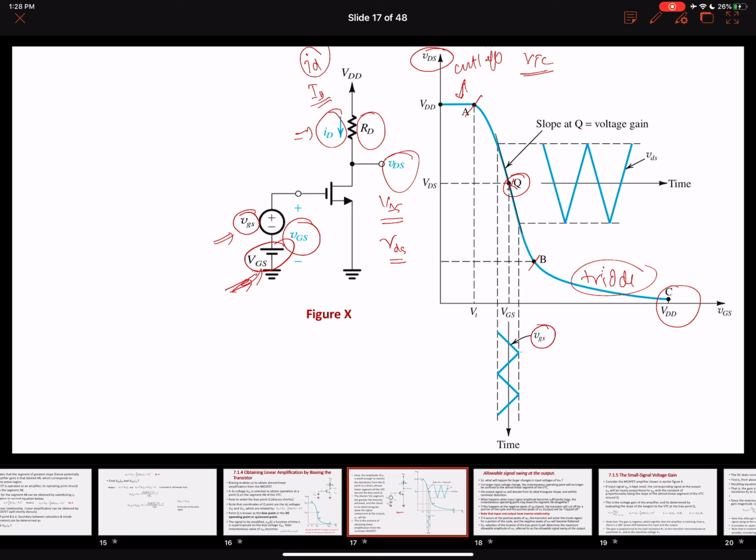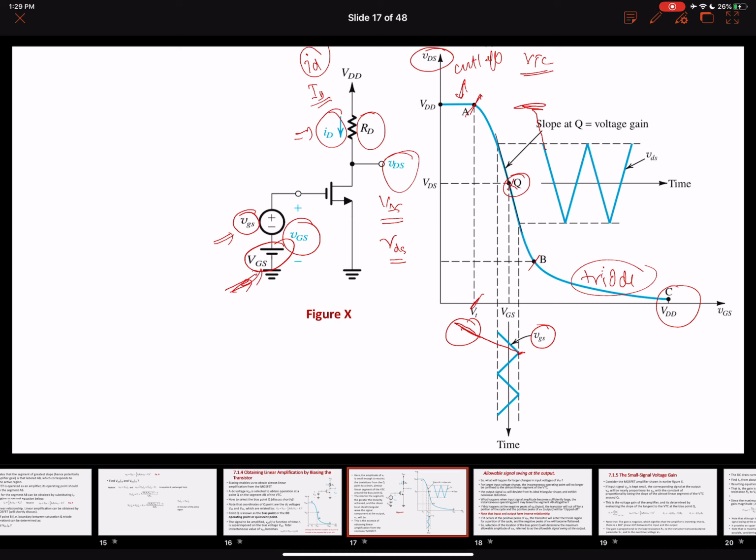If the negative swing of the input falls below the threshold voltage, the transistor will cut off, and the positive peaks of the output will be clipped. The positive output voltages will be clipped if the negative values of the input gate-to-source voltage become less than the threshold value, because it's an enhancement-mode NMOS, and the transistor will be cut off.